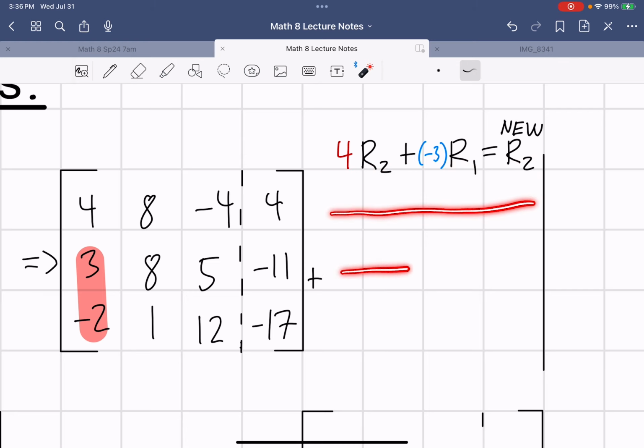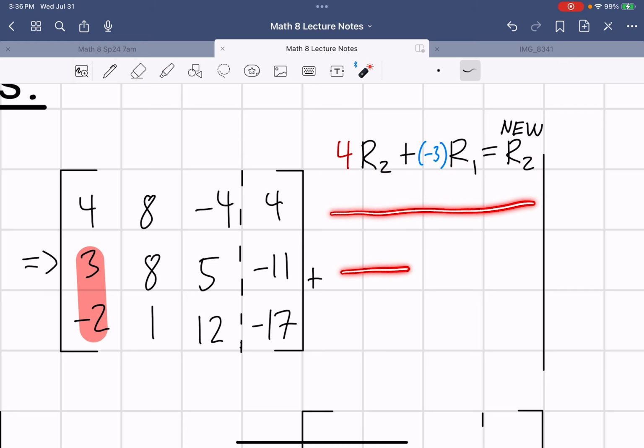And then 4 times 8 is 32. 5 times 4 is 20. 4 times -11 is -44. Now I'm going to do -3 times 12, which gives me -12. And then 8 times -3 is going to give me -24. And then -4 times -3 is going to give me +12. And then 4 times -3 is going to give me -12.